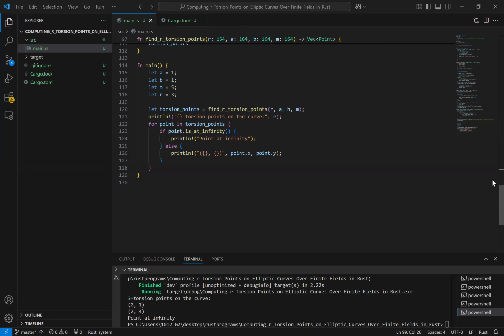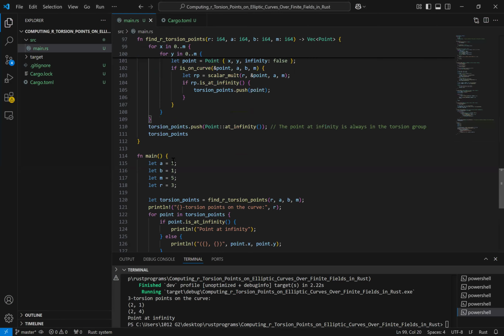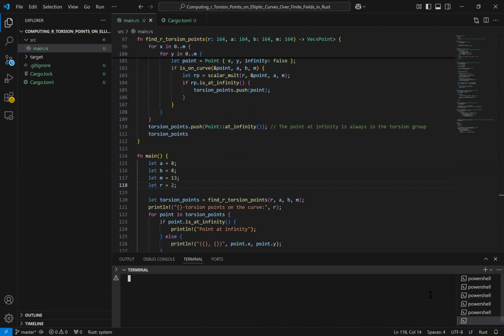Yeah, just the same code, so just change the values here. Our A in this case is 8, and our B is also 8. Our M was 13, and our R is 2. So we want to find, when R is 2, how many torsion elements we would have.